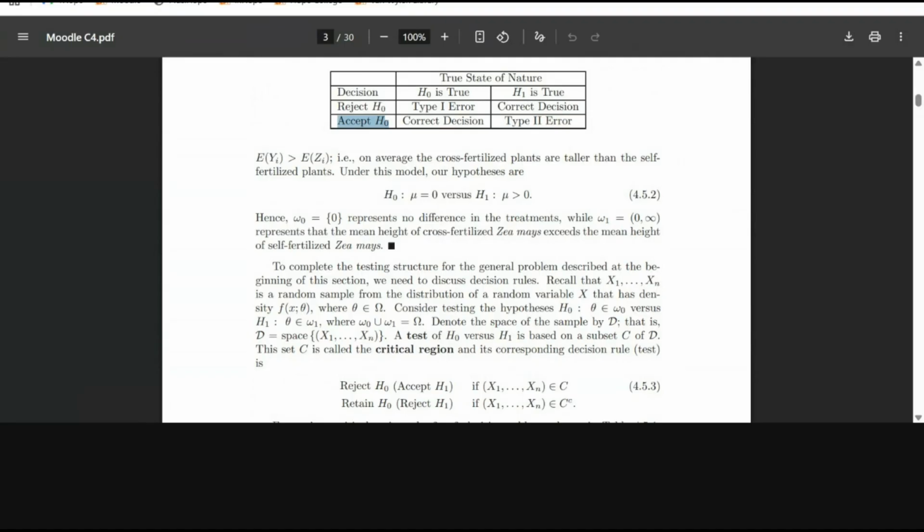All you have in your hand is data. And my data gives me a mean that was less than 70.55. All I can do is decide to accept the null. So this must have happened for me to have accepted the null. But the true state of nature, I am telling you now so that you can compute the type 2 error, is actually 70.2.